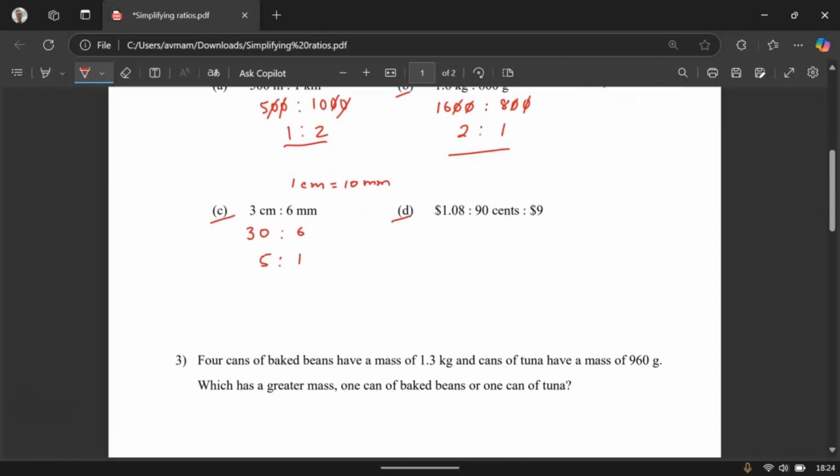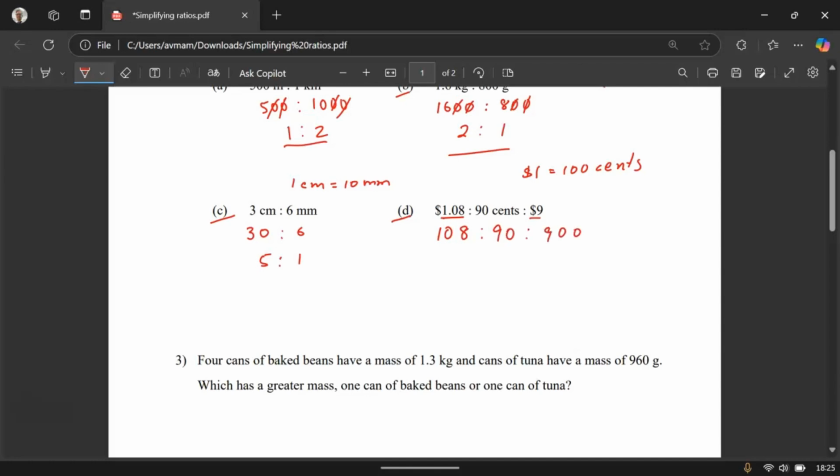And in part D, let us convert all of these into cents. In fact, these two into cents. So $1 is 100 cents. So 1.08 is going to be 108 to 90 to 900.